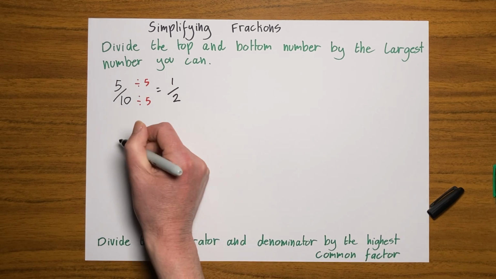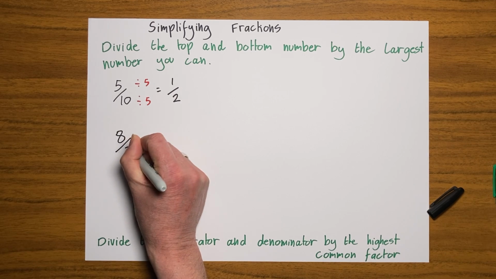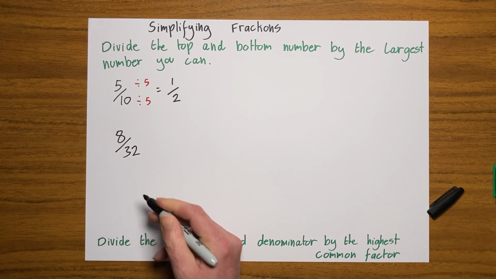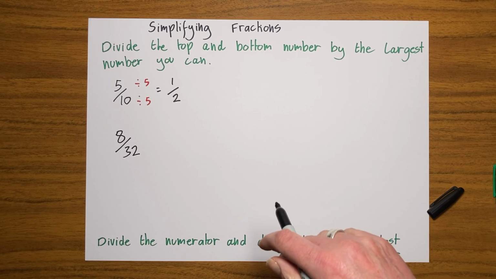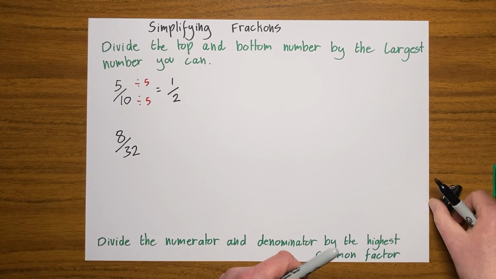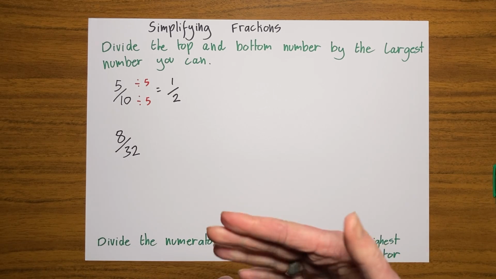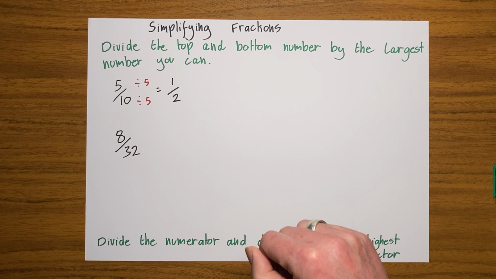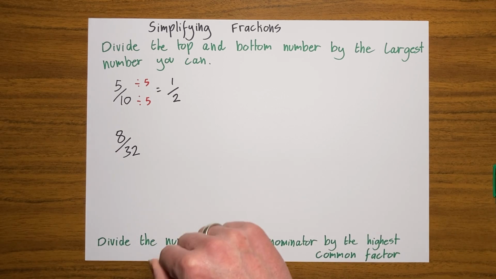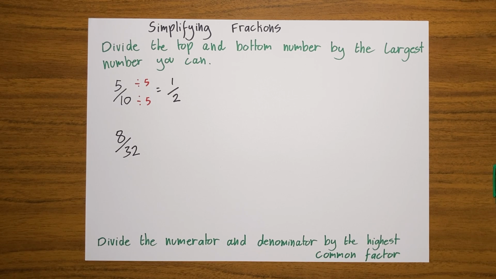So here's another one. What if I come across a fraction like 8/32? Well, again, I've got to think, what's the largest number that will go into them? Now, people often think to themselves, well, what I need to do is divide it by maybe 4, because 4s go into 8 twice, don't they?